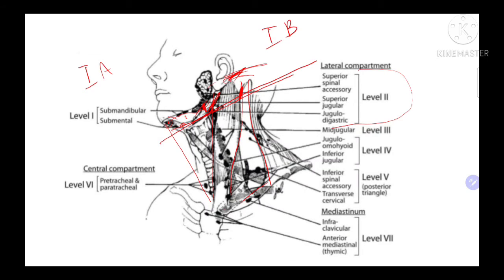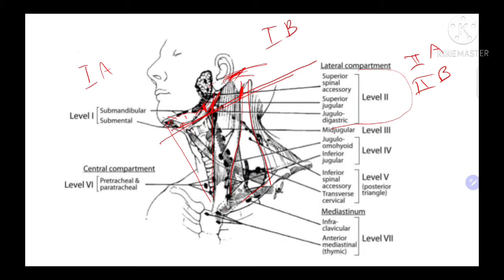Also, this level is divided into 2A and 2B. The 2A nodes you cannot separate from the anterior or the posterior edge of the internal jugular vein; they include the jugulodigastric nodal group.